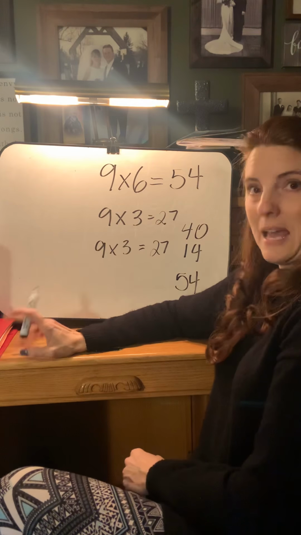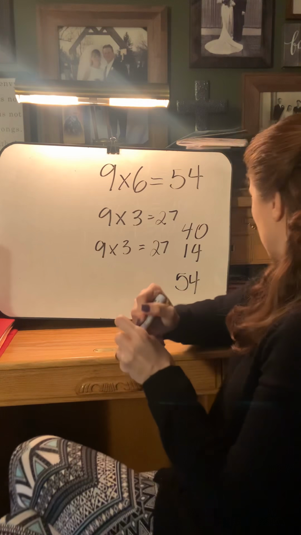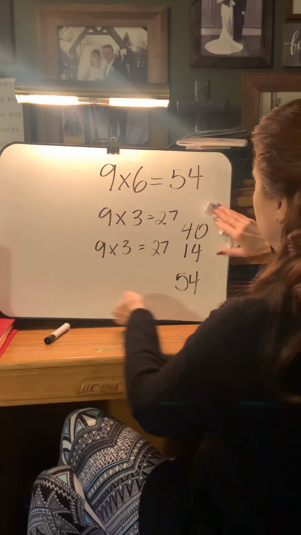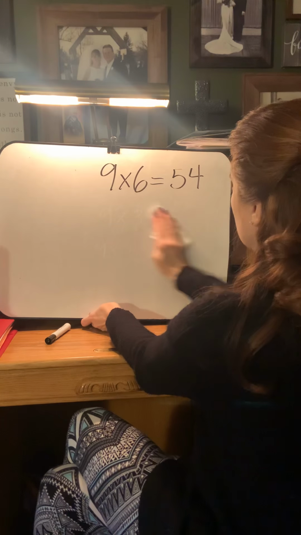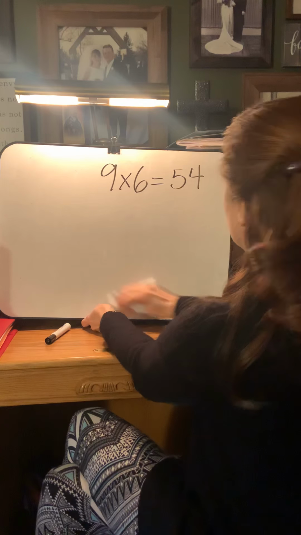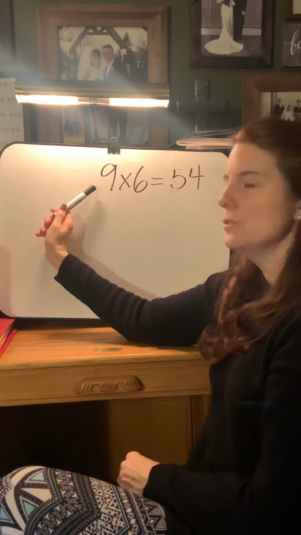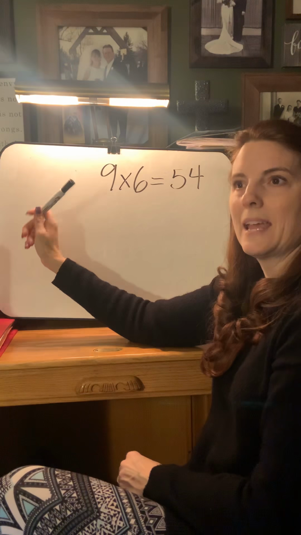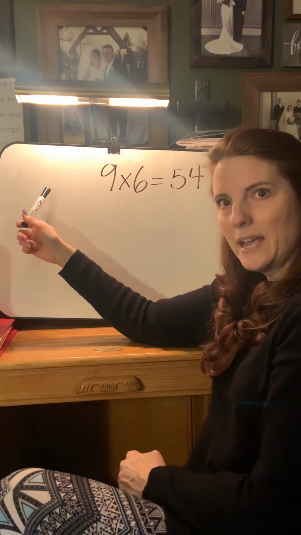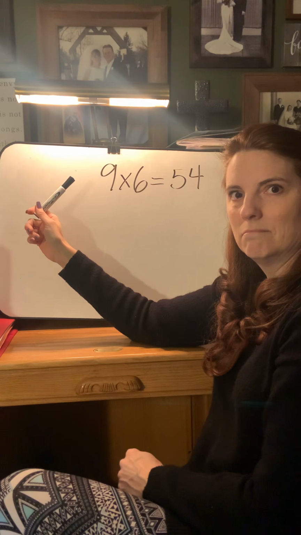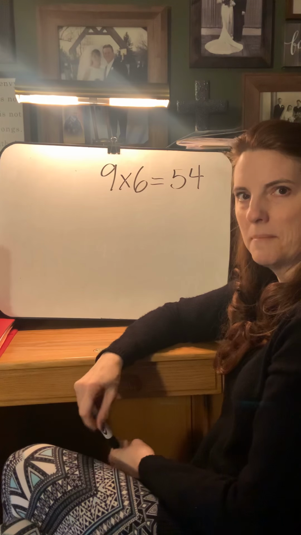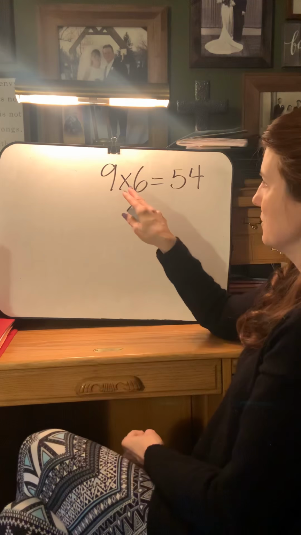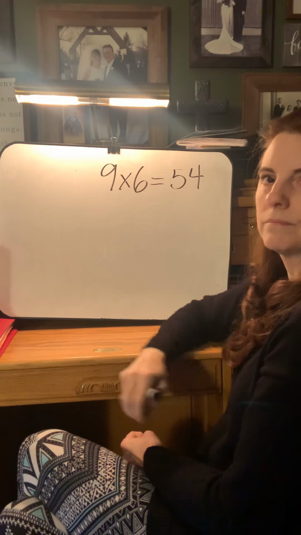So with this in mind, I'm going to erase just this bottom part. And I want to ask you a question. How can I use this to understand the area of a rectangle? I want you to think about that for a minute. How do I turn this into area?